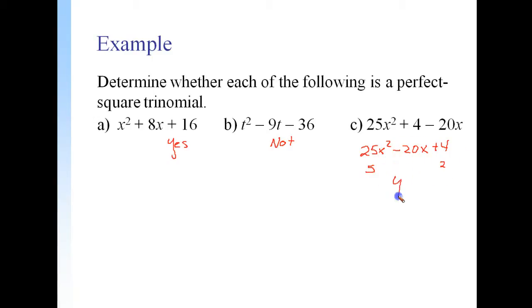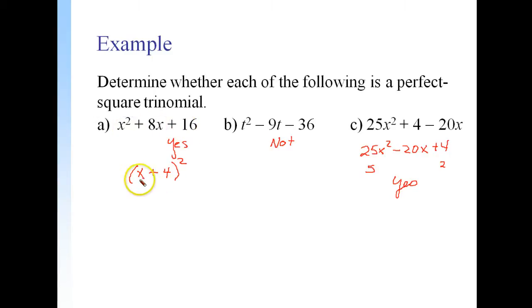So this is a perfect square trinomial. And to factor this, we're going to take that x, put it there. We know this is going to be a plus, and the square root of that we said was 4. And that is the method by which we factor a perfect square trinomial.